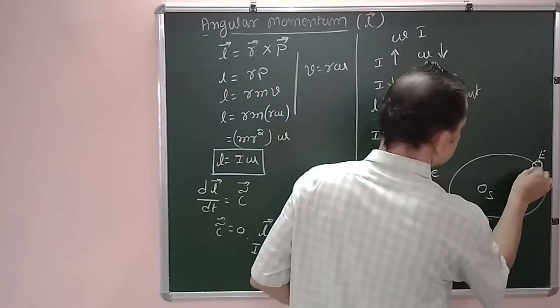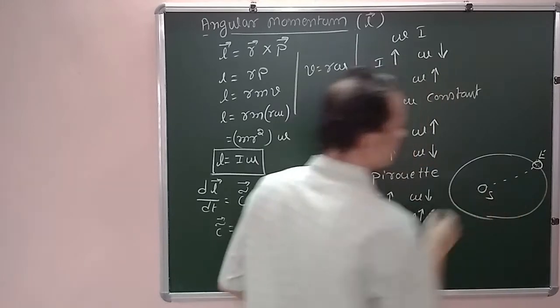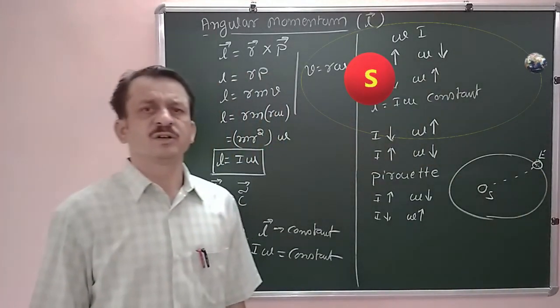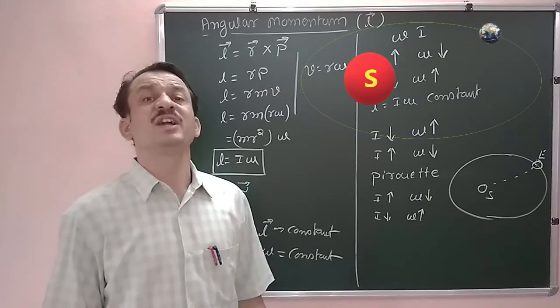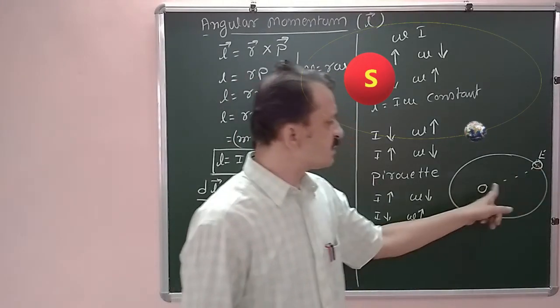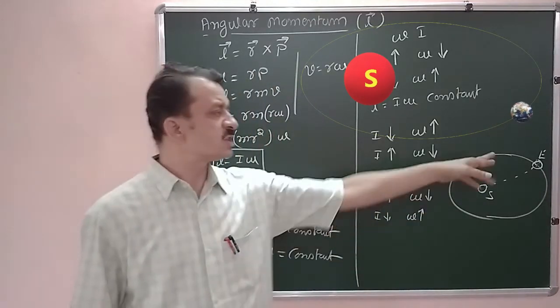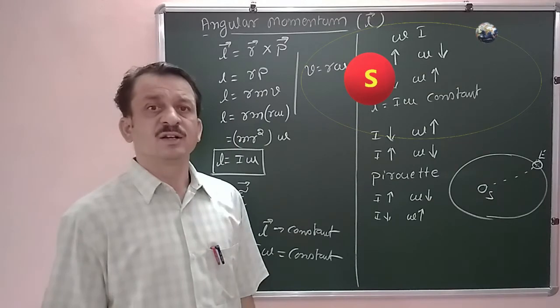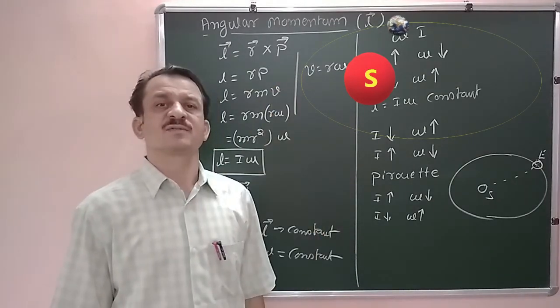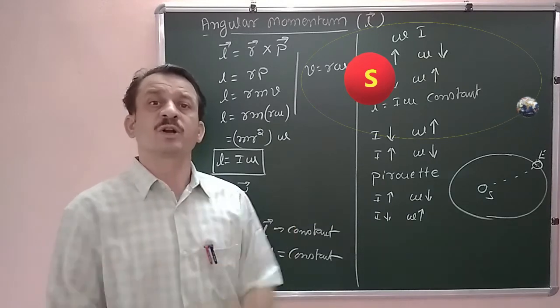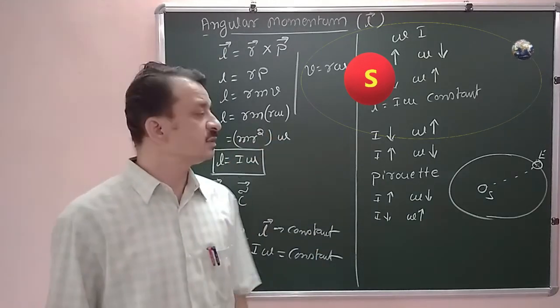Now, at larger distance from the sun, Earth is moving with a lesser speed, because as the distance becomes more, the moment of inertia of Earth, m r square, becomes larger. Moment of inertia increases, therefore angular velocity decreases so that their product remains a constant.